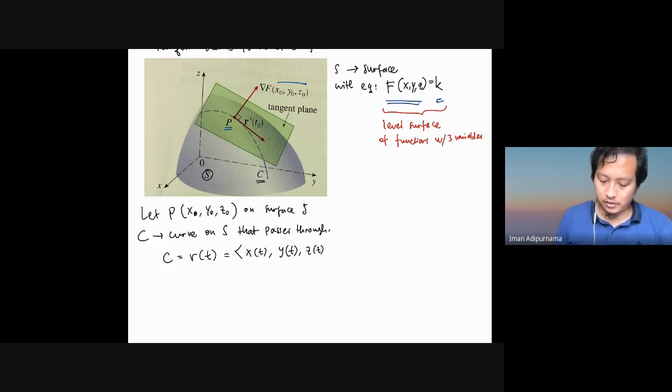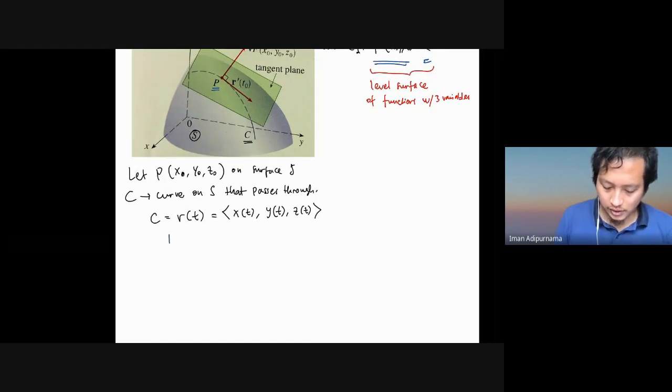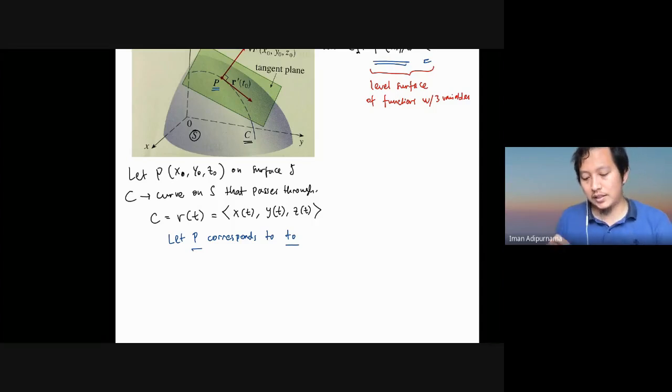So let me write all the terms there, and let the point P correspond to t0. So we can write that point P, which is x0, y0, z0, is actually at t0.